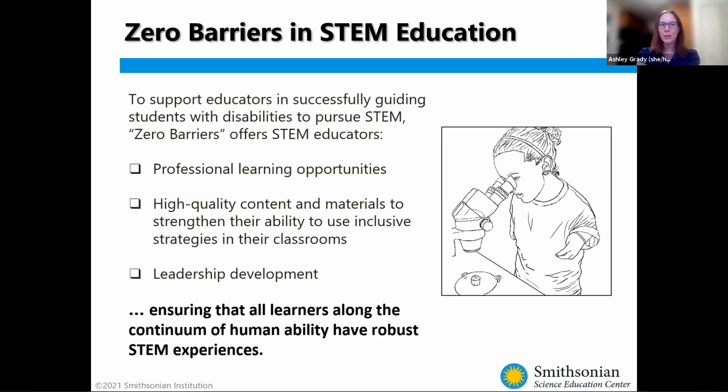And the final thing that we did is we really wanted to create ongoing support for teachers. I was a special ed teacher for many years before I found my way to the Smithsonian. And a lot of times I think teachers operate, sometimes it feels like we're on an island, like we're by ourselves, and we don't always have that community.